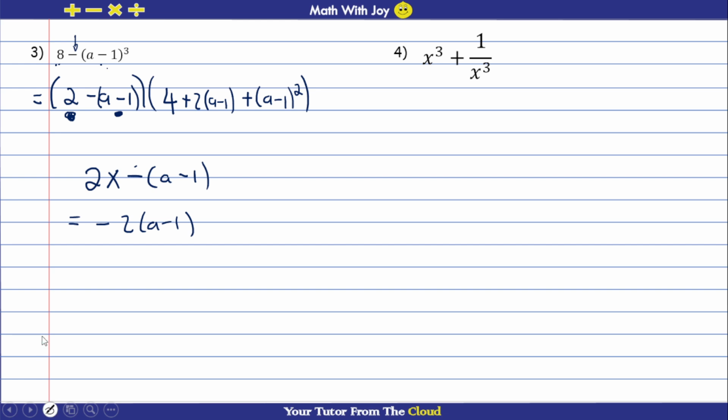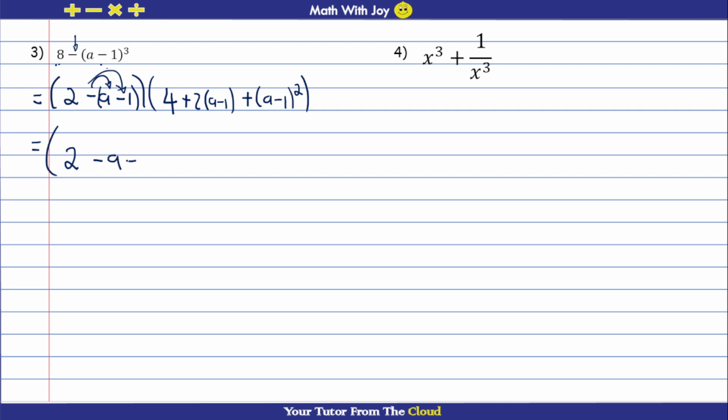And now you can obviously simplify, get rid of the inside brackets. So let's just do that together to get our final answer. I understand that for this bracket, I still have to multiply the negative in like that. So I'm going to have 2 minus a plus 1. Now in this bracket, I have the 4 as it is.